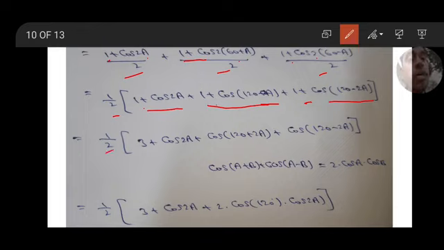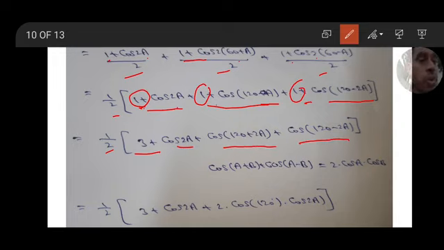Then this 1 by 2 as it is, 1 plus 1 plus 1, total 3, cos 2a, cos (120 plus 2a) plus cos (120 minus 2a).